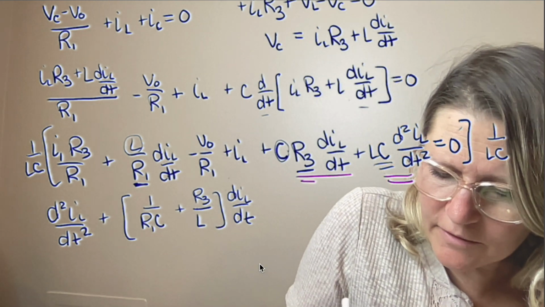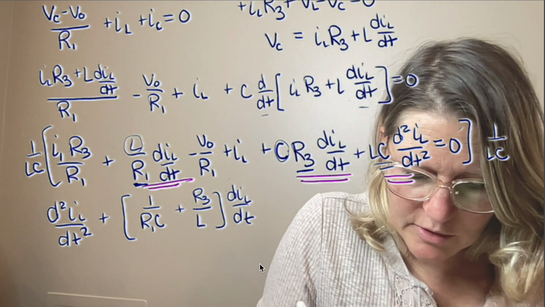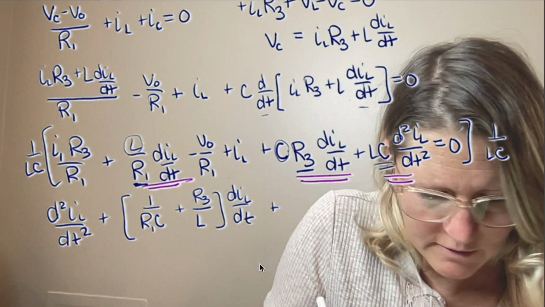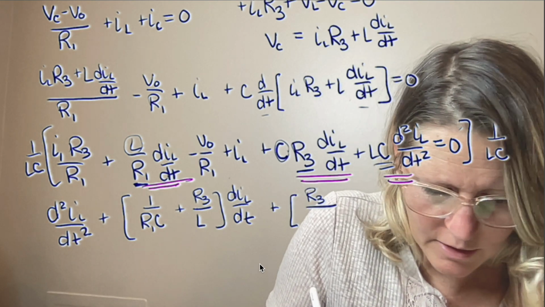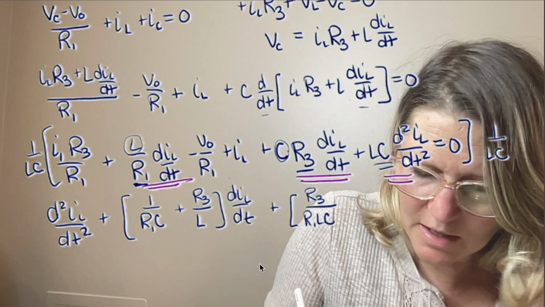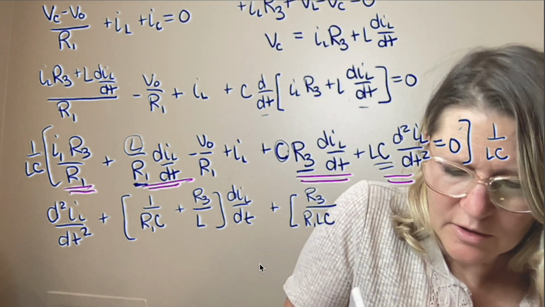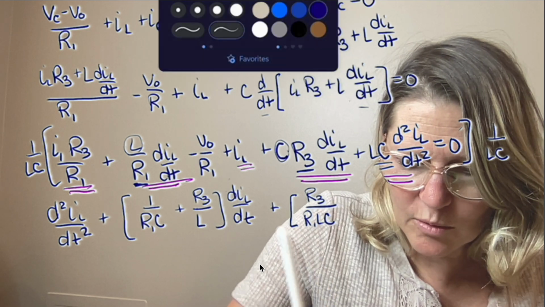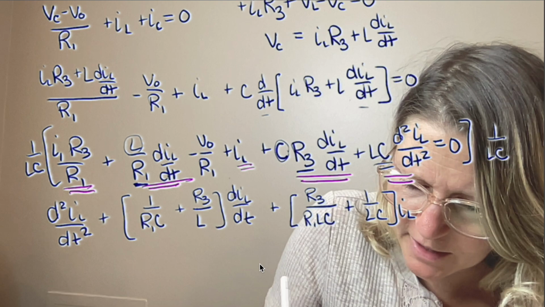And I've taken care of this term, and I've taken care of this term. So now I have the I1, so I have R3 over R1 LC, and then I also have this term, which is just 1, so that will just be a 1 over LC, and this is all multiplied by IL.